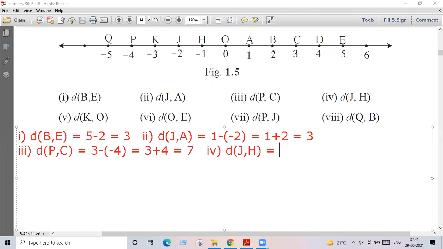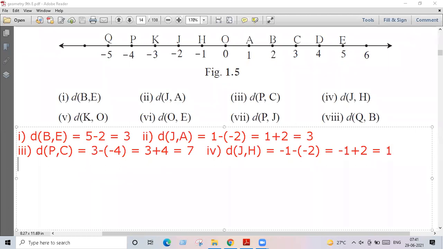So -1 minus (-2) is -1 plus 2. 2 minus 1 is equal to 1, and the sign of the greater number is positive. So this is the answer, 1.